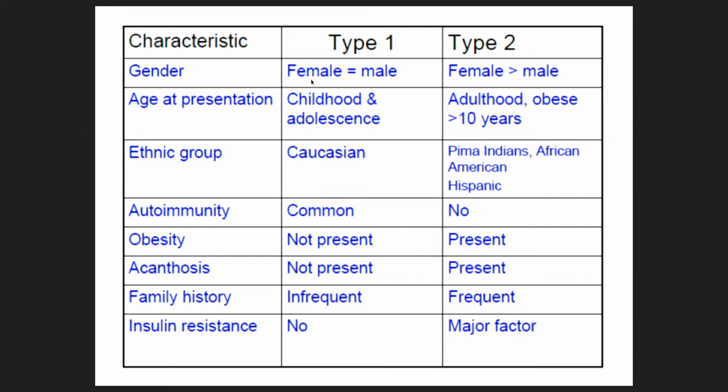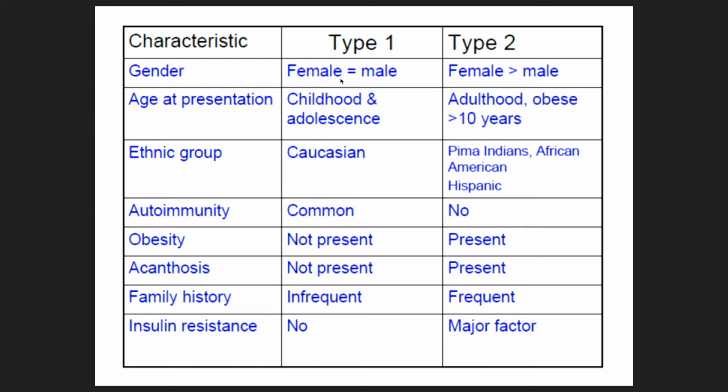When we come to see the 2 major types of diabetes worldwide, type 1 diabetes and type 2 diabetes. Gender: in type 1 diabetes, males equal to females, while type 2 is more common in females than males. Why? Because the prevalence of obesity worldwide in females is more than males. That's why females are more susceptible to type 2 diabetes rather than males.